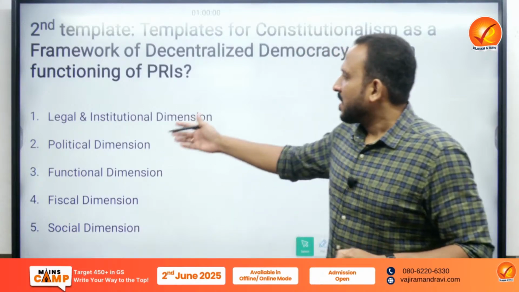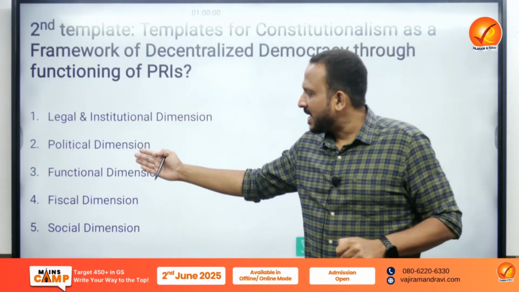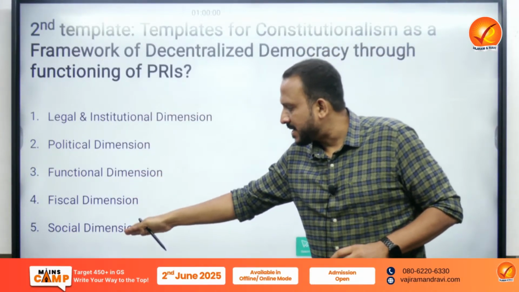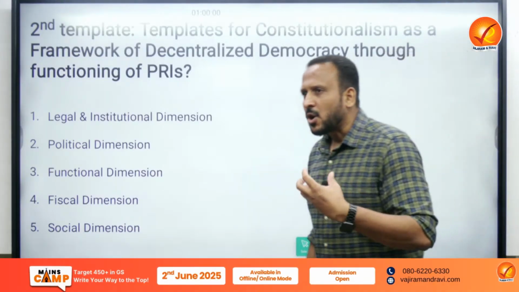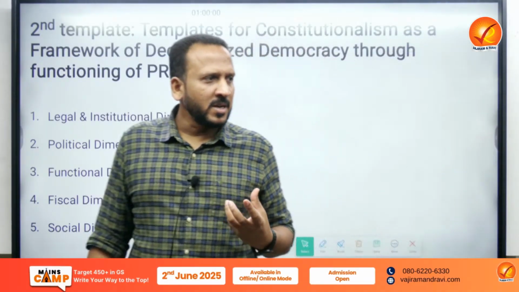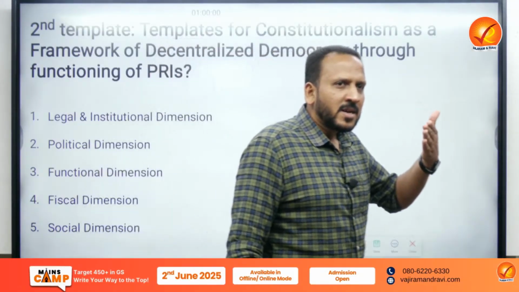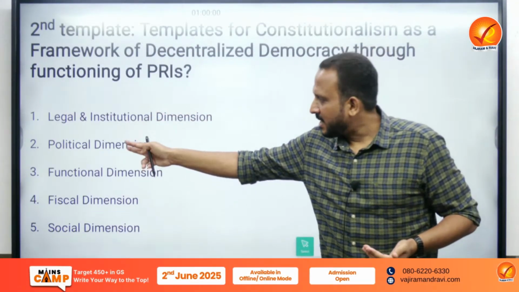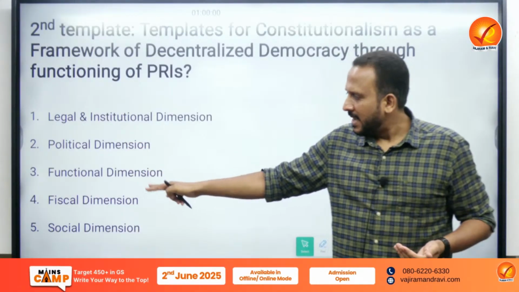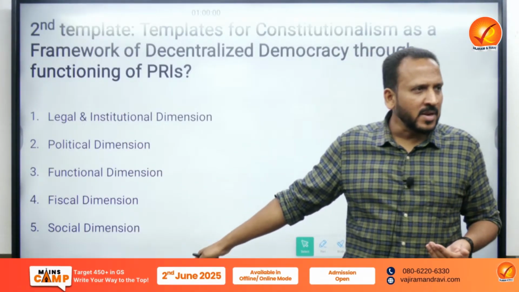For example, legal and institutional dimension, political dimension, functional dimension, fiscal dimension, and social dimension, right? Whenever we are talking about the Panchayati Raj institution, can we divide it at legal and institutional level, political level, functional level, fiscal level, and social level?